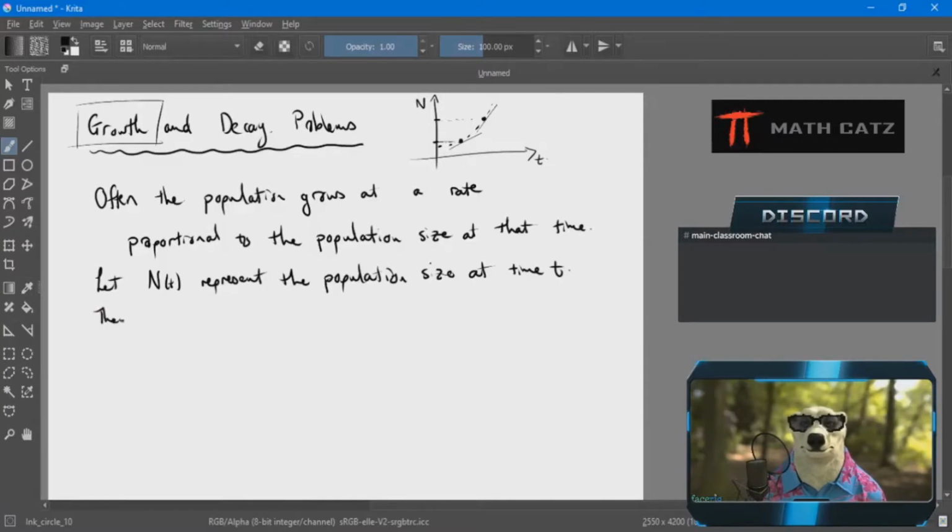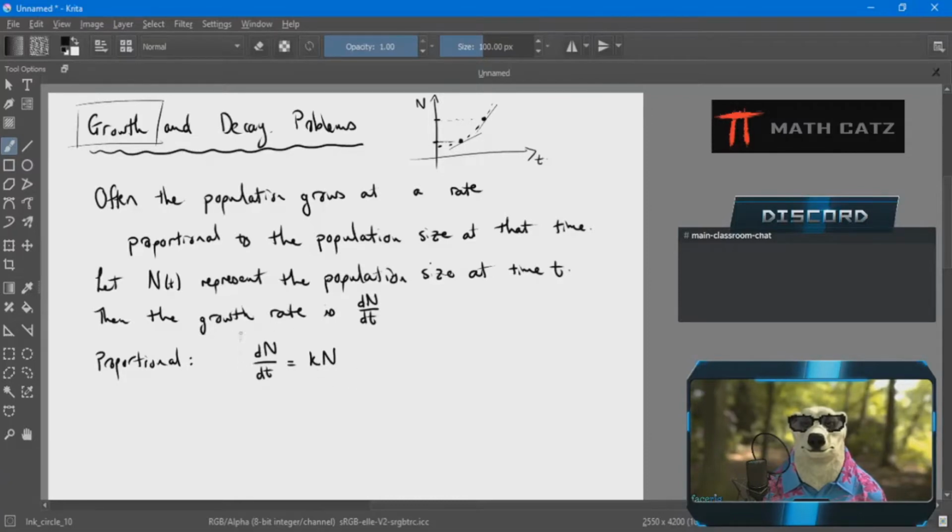Then the growth rate. The growth rate is, of course, dN/dt, the time derivative. Now, when these two things are proportional, it means the ratio of the two is a constant. Or in another way, maybe a simpler equation, proportional means that one is related to the other by just a constant factor.